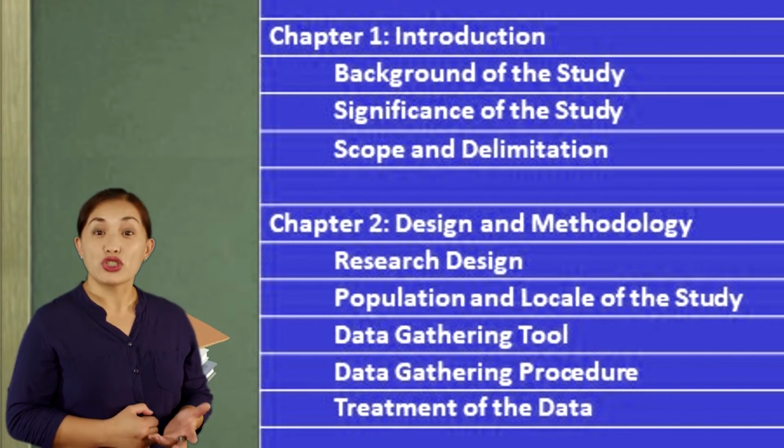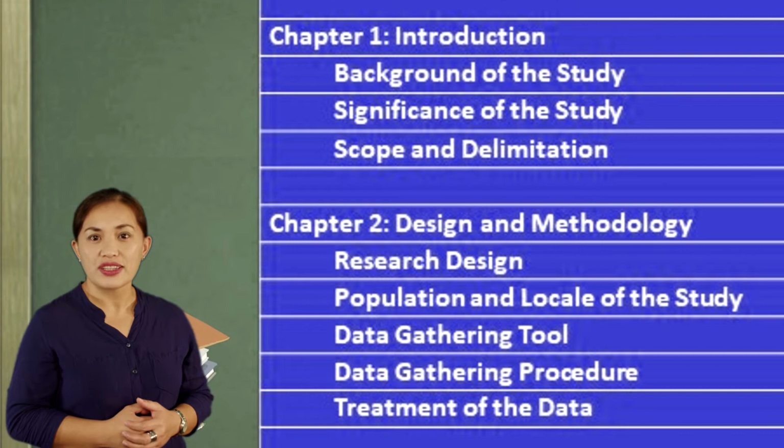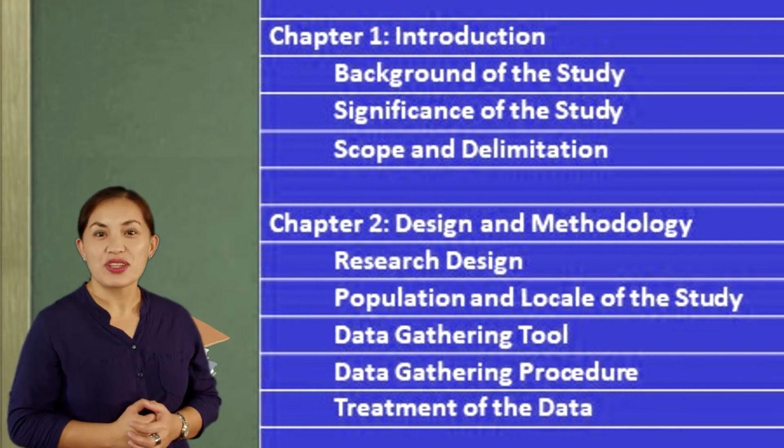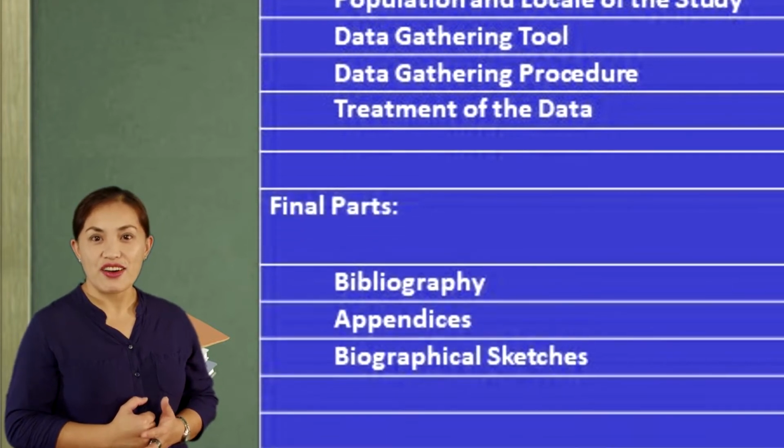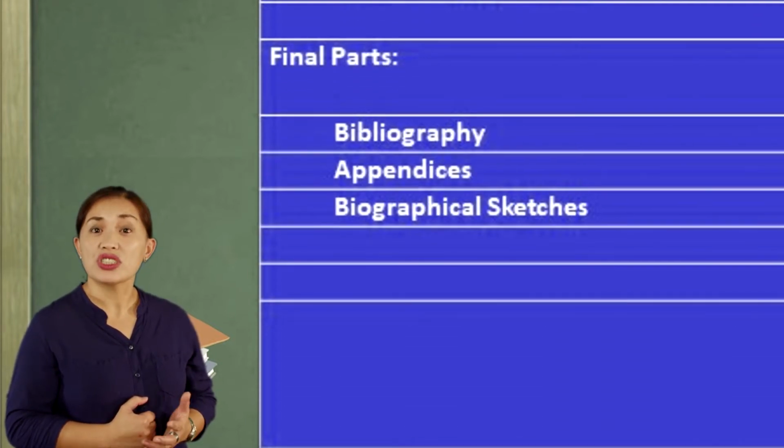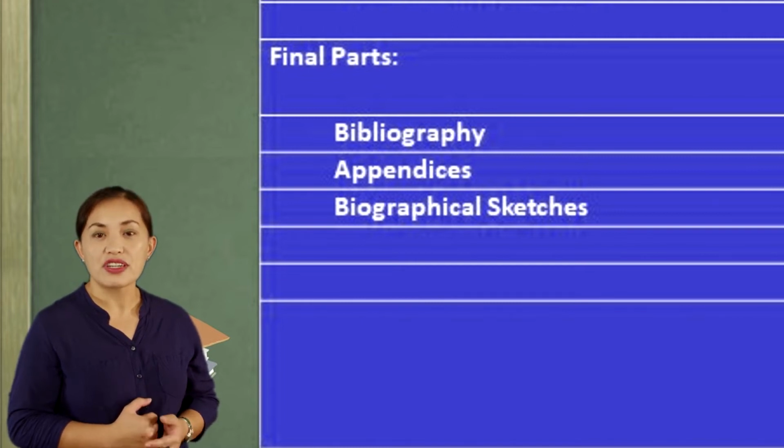For chapter 2, which is the design and methodology, it consists of the research design, population and locale of the study, the data gathering tool, data gathering procedure, and the treatment of data.